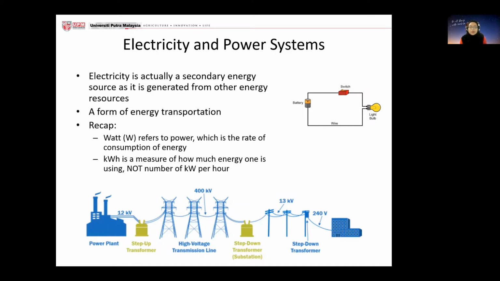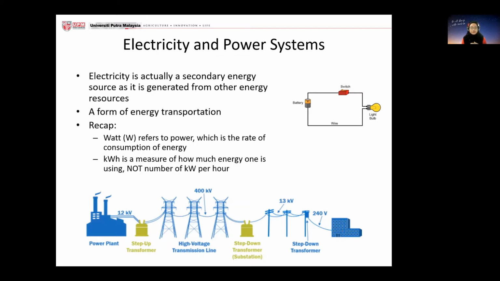So if you think about that, electricity is actually a secondary energy source, right? Because if you think back at power plants, it's generated from something else. If you have hydropower, for example, it's generated from gravitational potential energy, and that is transformed into electricity through turbines and generators. Then you have it in the form of electricity.